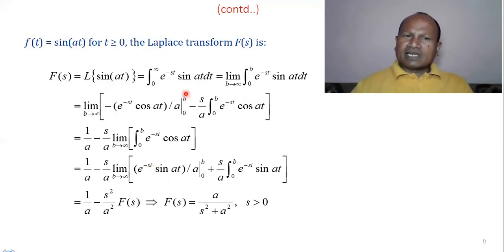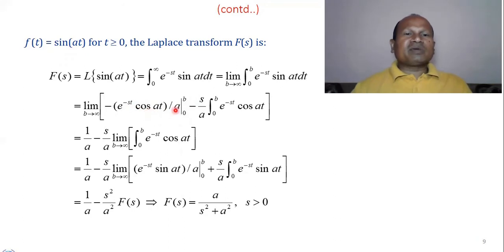So if we do it by integration, considering first function and second function, you see here e to the power minus st times cosine of at divided by a. That is integrating the second and differentiating the first, so it is minus s, and then the integration of the second, cosine of at divided by a. Then again we can simplify this: the upper limit is infinity, so that gives 0, and the lower limit is 0.